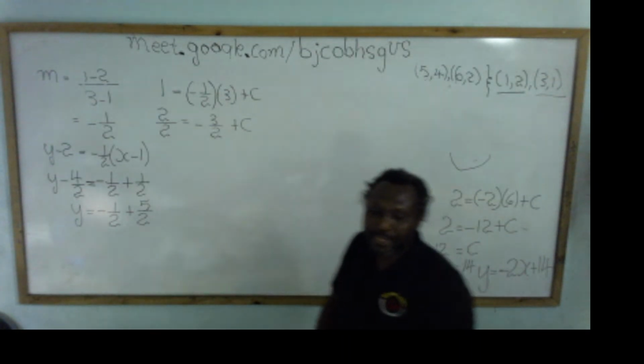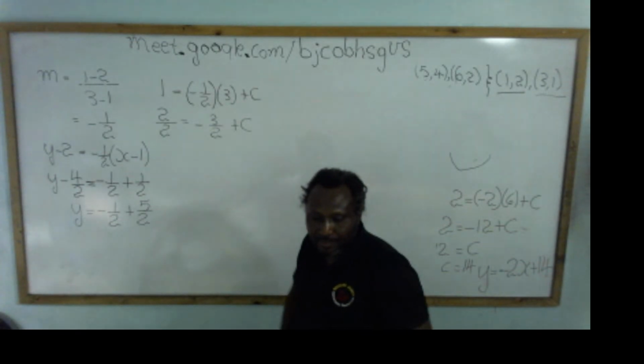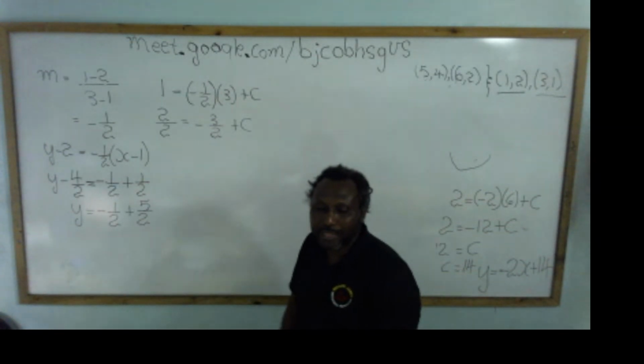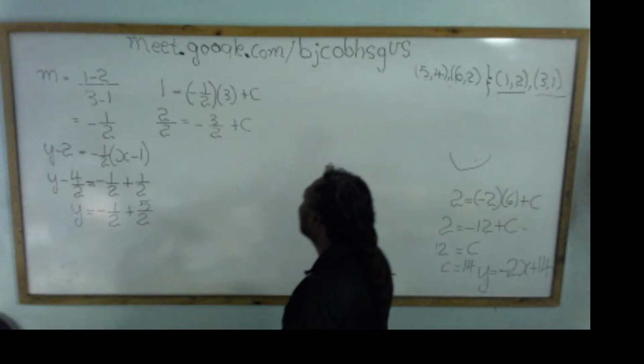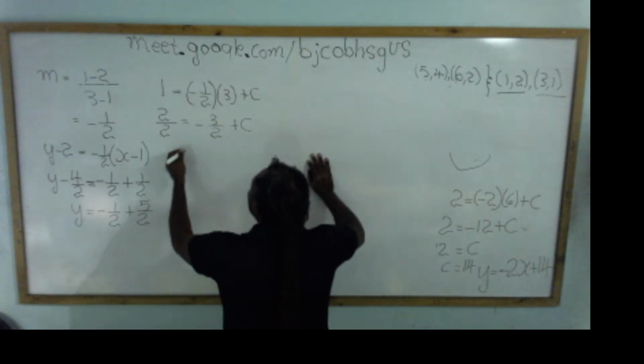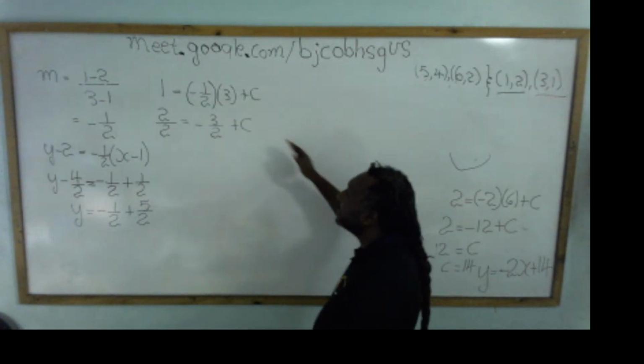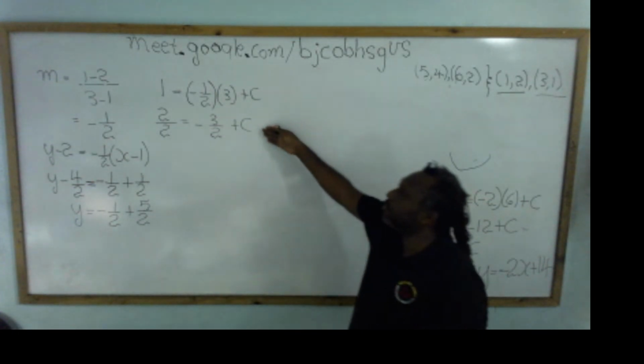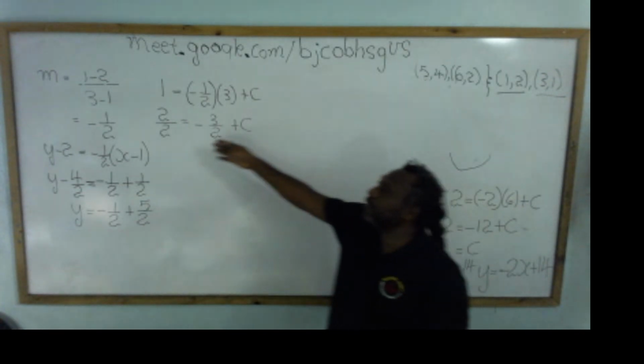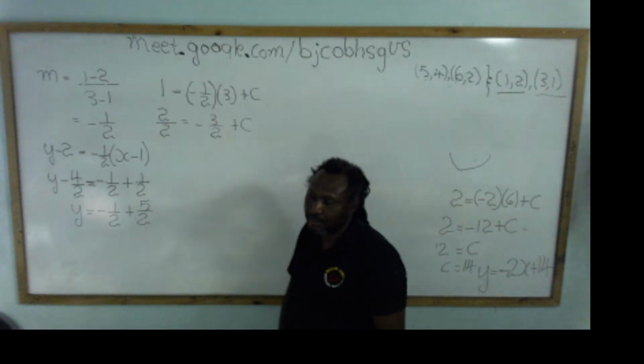And what are we going to do next? We're going to add 3 over 2 to both sides, thereby eliminating the negative 3 over 2 from this side, and 3 over 2 will be added on the other side.